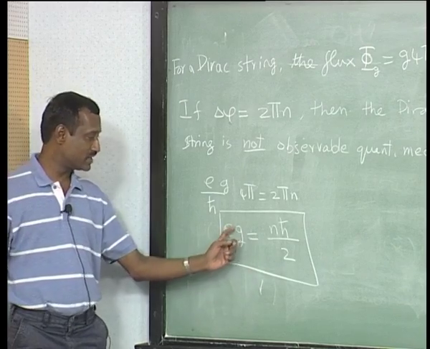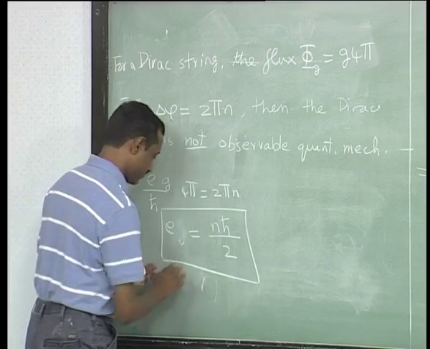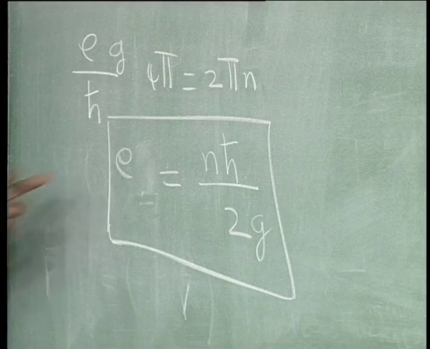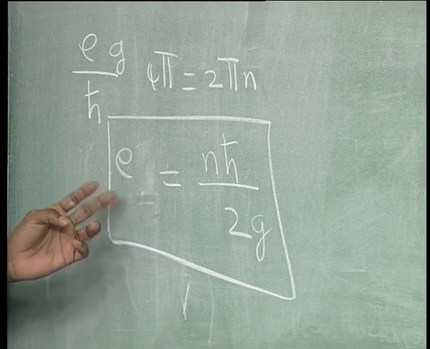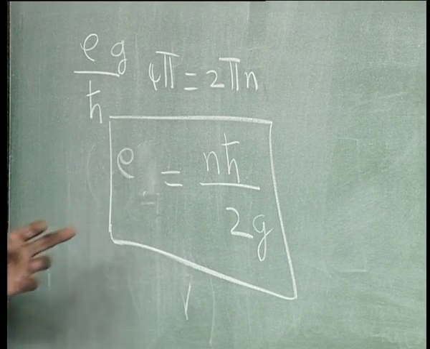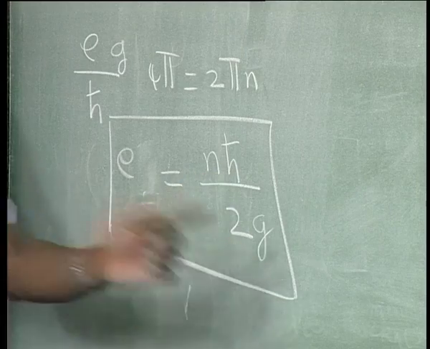So if you are given this G, we can flip this around and write it like this. All charges in nature, so E could be in this case the electron, but I can replace it with any other particle, all charges will be quantized in terms of h bar by 2G.